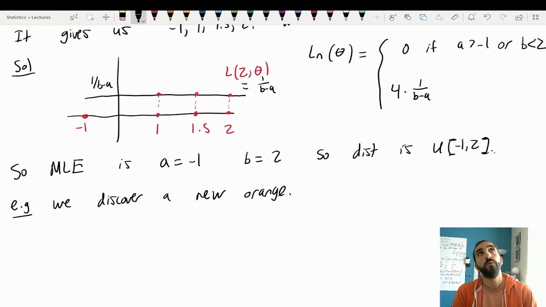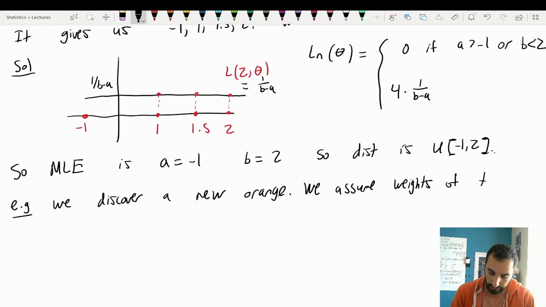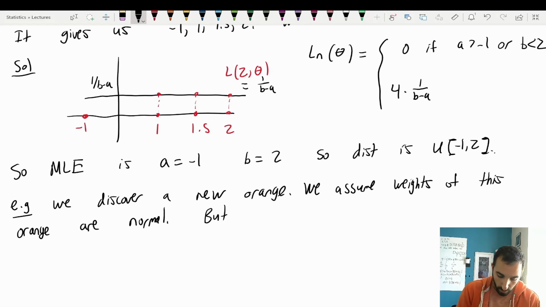So from our history, we know that weights of basically all fruits are normally distributed. So we assume the weights of this orange are normal. But which normal distribution?